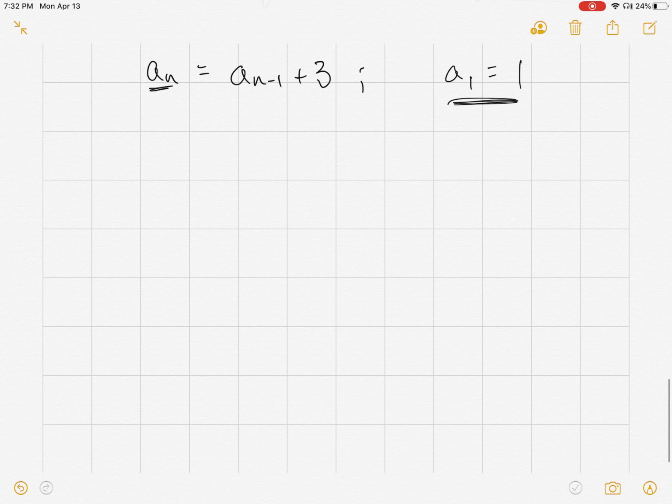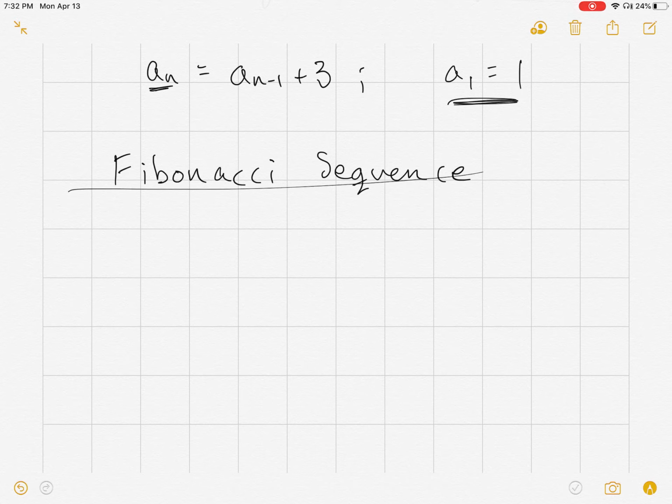Probably the most famous recursively defined sequence is what we call the Fibonacci sequence. This is particularly famous because it can be used to describe lots of interesting phenomena in nature and in other places. If you're interested in seeing some examples of how that happens, I would really suggest you do some research and look it up.